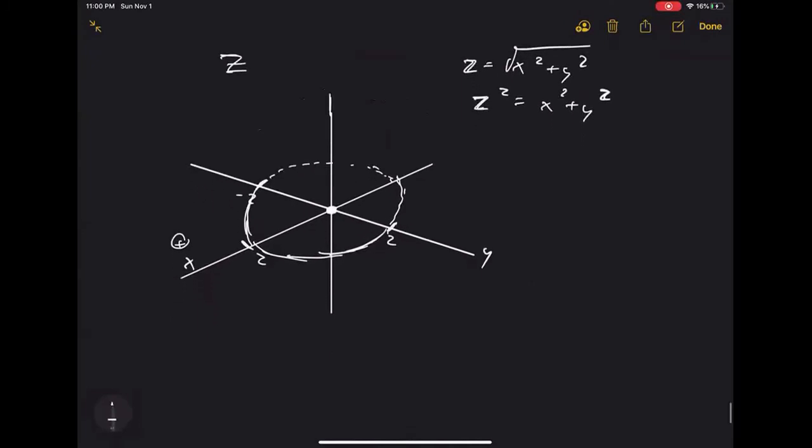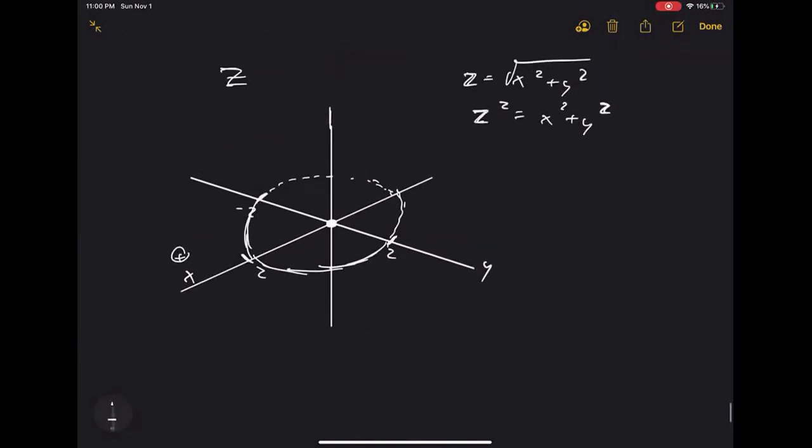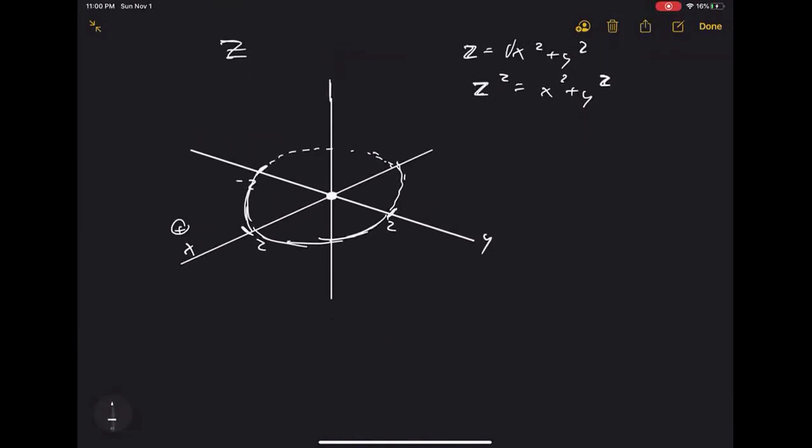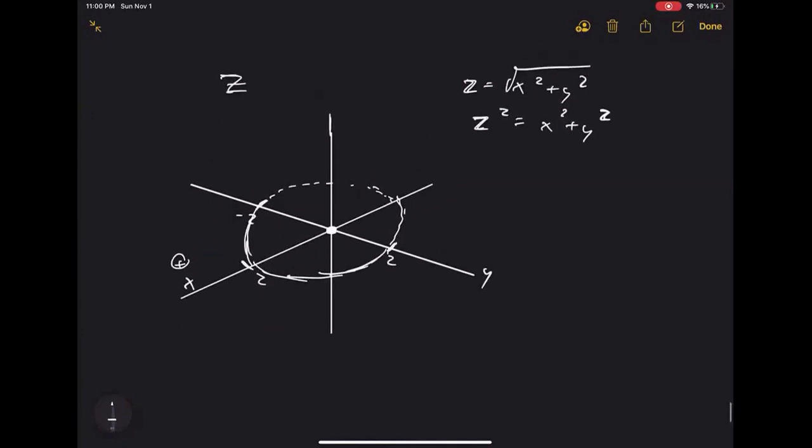I'm trying to think back to 12.6. Is this one of our equations from 12.6? I forget exactly what form it's in, but this should be one of our surfaces from 12.6. And this is our lower bound for z, so all our z's should be greater than or equal to that, right?